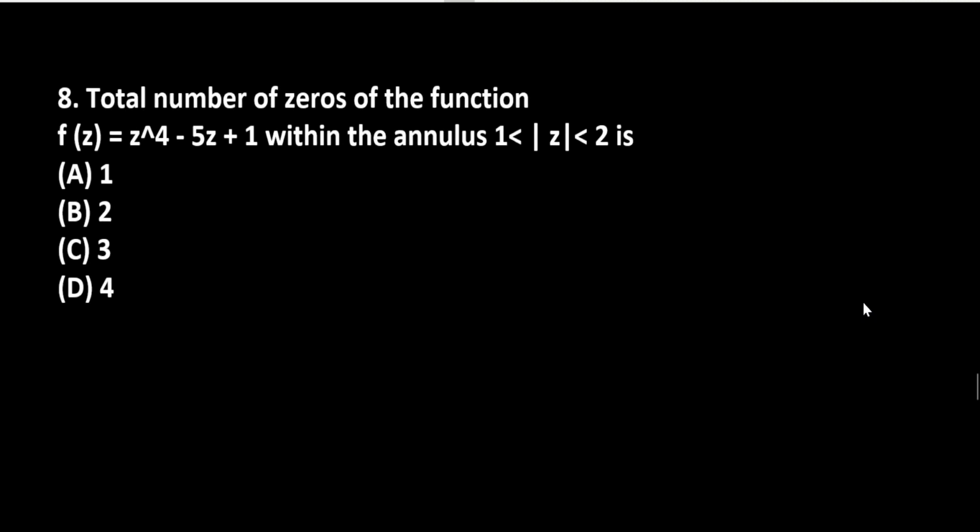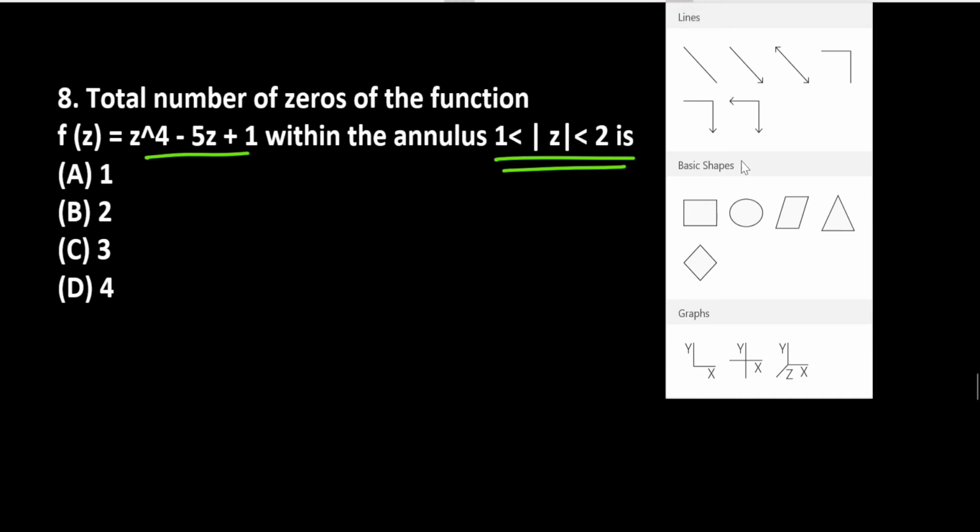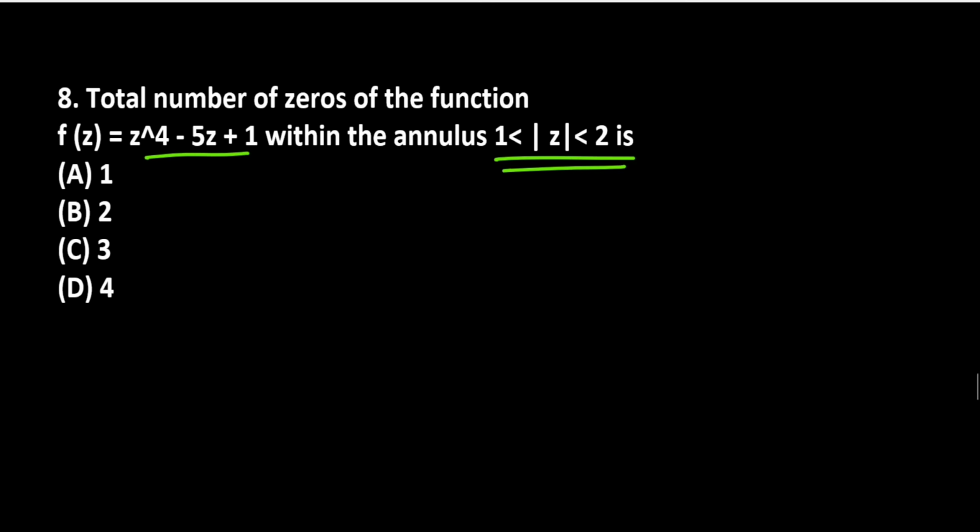The total number of zeros of the function f(z) equal to z to the power 4 minus 5z plus 1 within this annulus region. Now we first draw a circle. This is a circle, and suppose we take another circle.